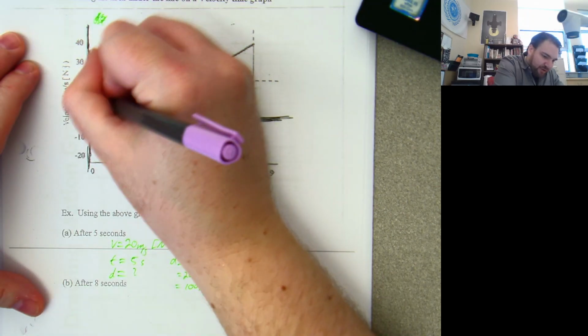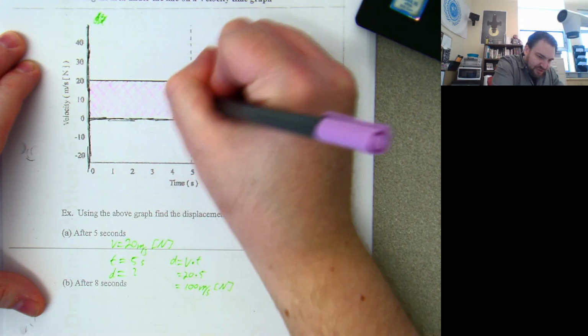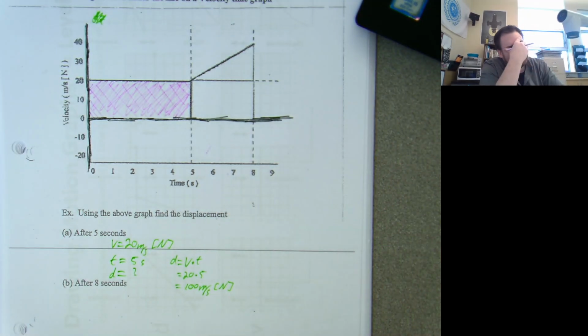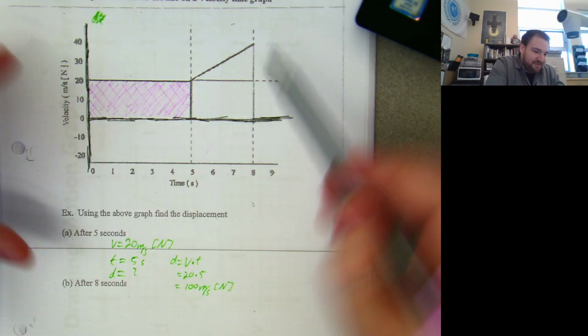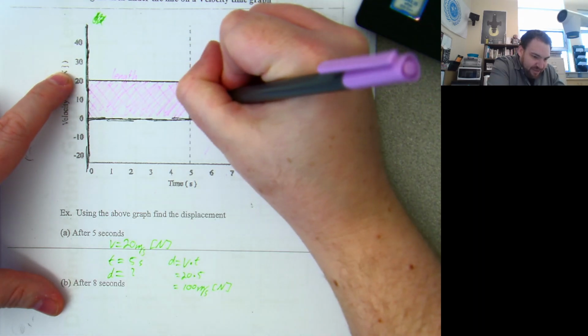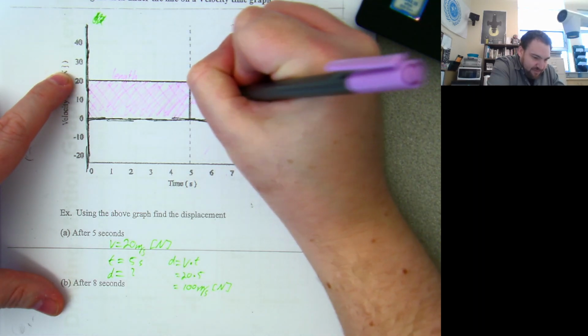I'll color that in a little bit more aggressively so that it shows up better on the screen. What shape is that? It's a rectangle. What's the formula for the area of a rectangle? Think back to grade 8. Length times width, yeah. If I look at this rectangle, there's your length, here's your width.